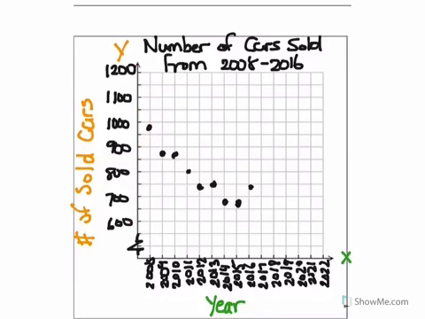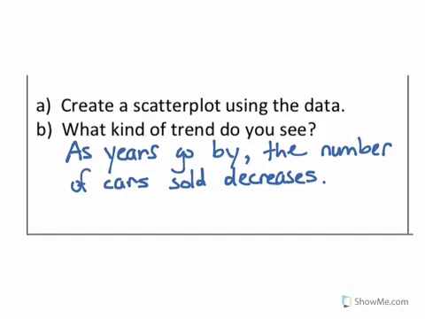All right, and it looks like there is a trend because as the years go by, it looks like the dots are going down. So I decided to say, don't draw those lines again. It seems like the trend is as the years go by, the number of cars sold decreases. So this is a very good sentence to write in order to describe the pattern that you see.